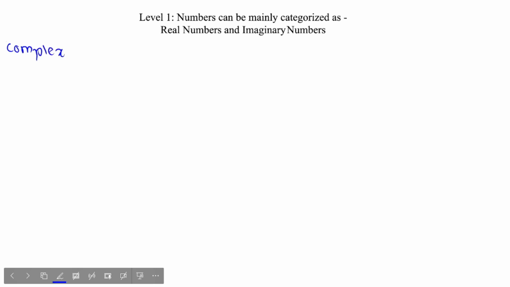So for example, this is our complex number, and it is represented as a real part, indicated by the word Re, plus an imaginary parameter multiplied with again a real number.